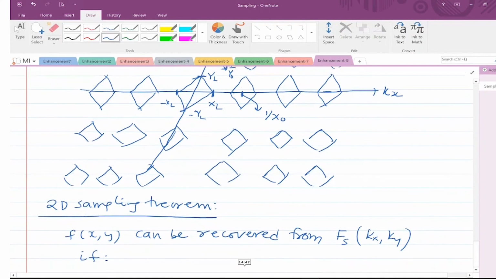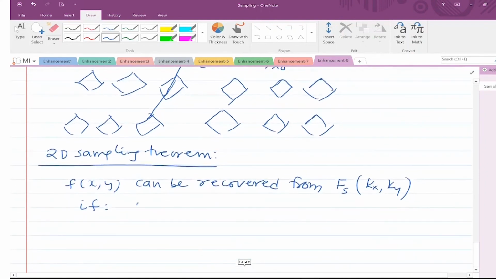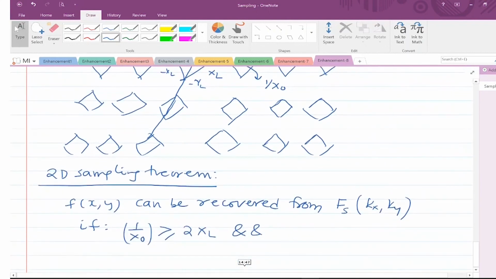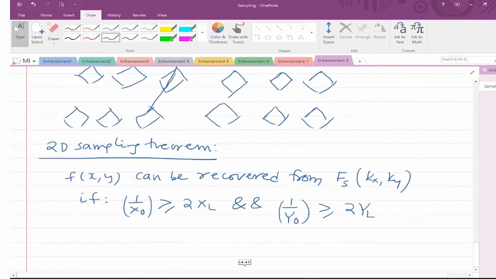You can see this length is xl and this length is xl. So 1 by x naught should be greater than or equal to 2 times xl, and also, since the placement in y is at 1 by y naught, the next copy, both positive and negative, means that should be greater than or equal to 2 times yl. Both conditions have to be satisfied.